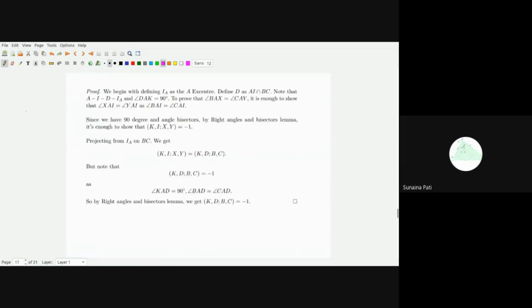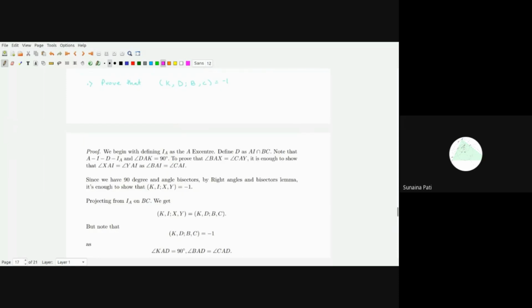Anyway, any doubts with the proof? It's a very nice problem. Basically IA and I are really good at handling the angle bisectors and perpendicular lemma. They are very good with projections. So anybody, any doubts?